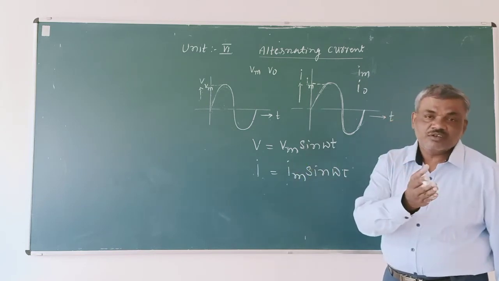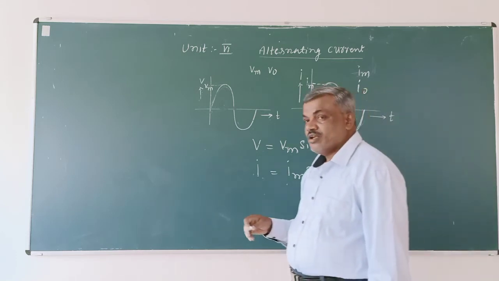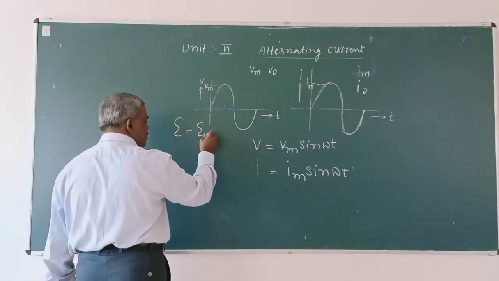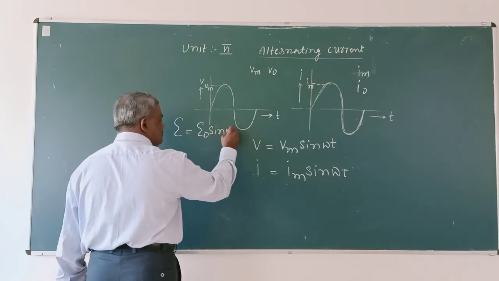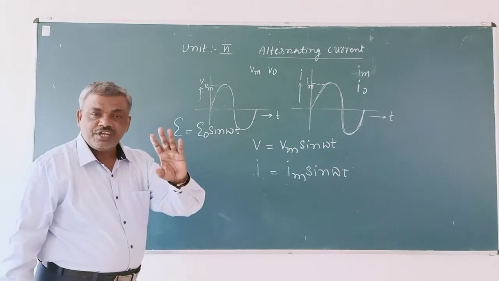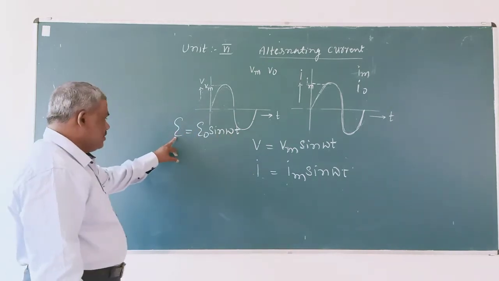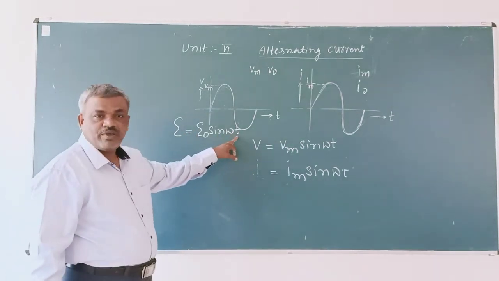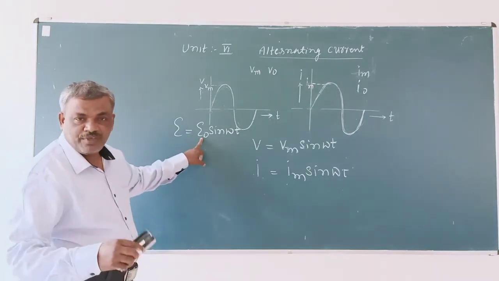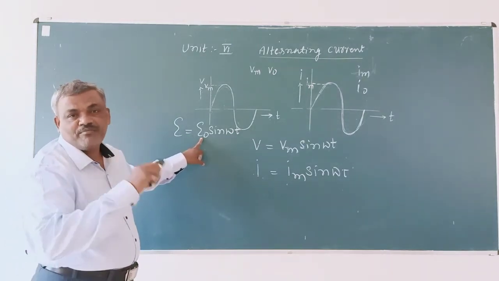The last point, the AC generator. You already proved E equal to E naught sin omega t. In an AC generator, the instantaneous value of EMF is E equal to E naught sin omega t. E is the instantaneous EMF and E naught is the peak or maximum EMF.